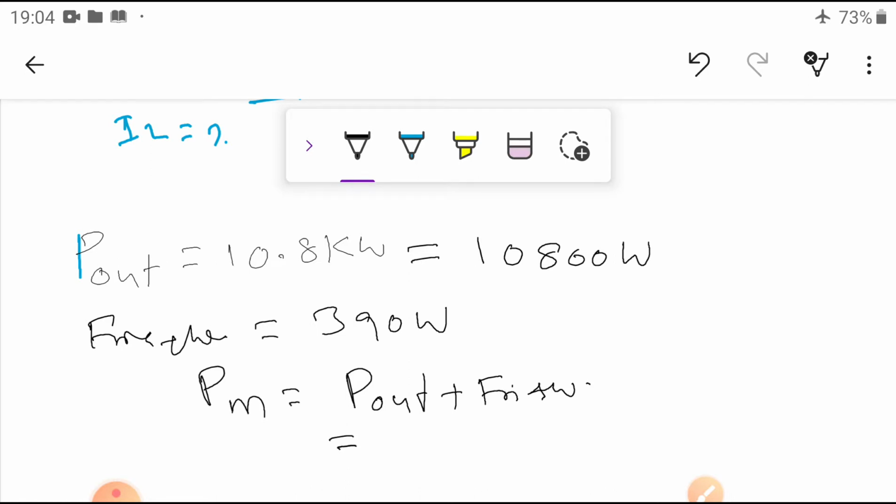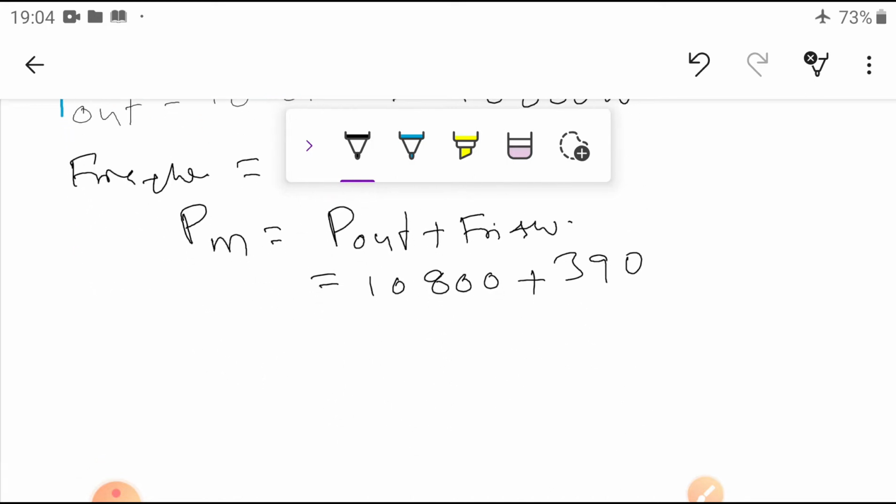Adding these two values, 10800 plus 390, we get the PM. This is the way I get the PM. Keep it aside for now.